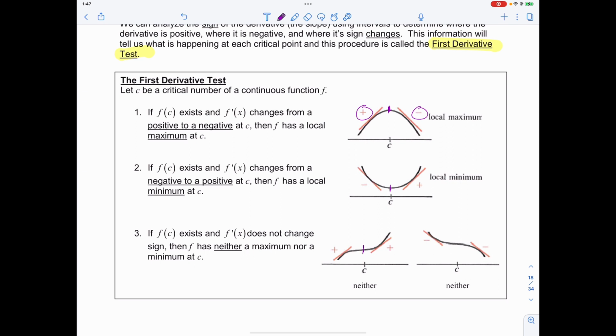If it goes from positive to positive or negative to negative, it is neither a maximum nor a minimum. Remember that for all of these, f prime at c is equal to 0, so for all of these examples, they would still look like critical numbers.